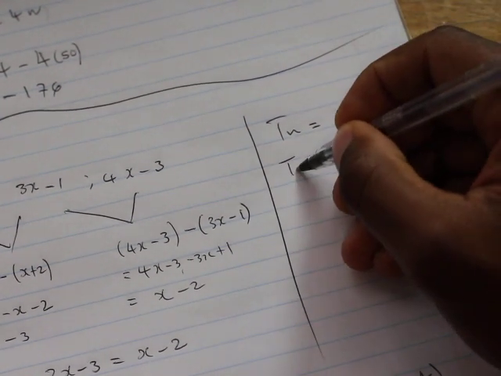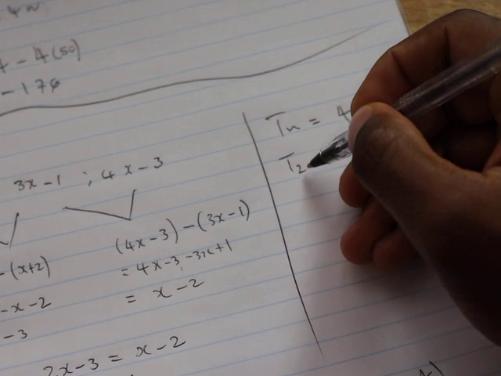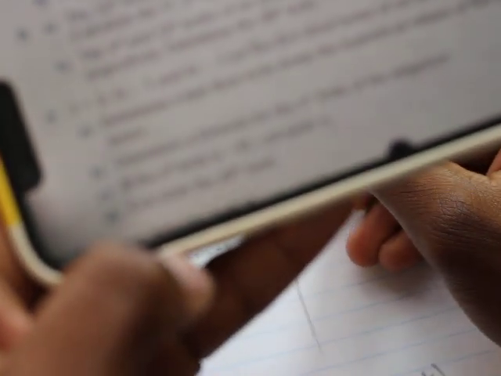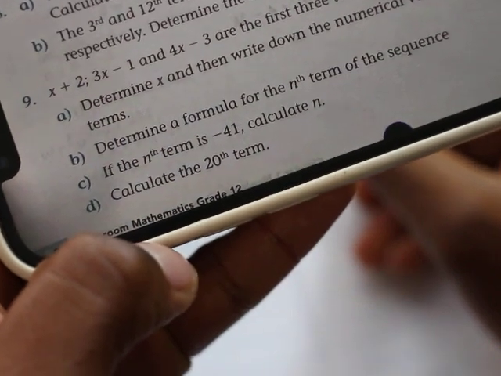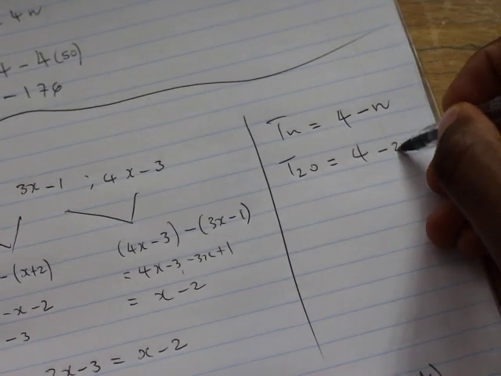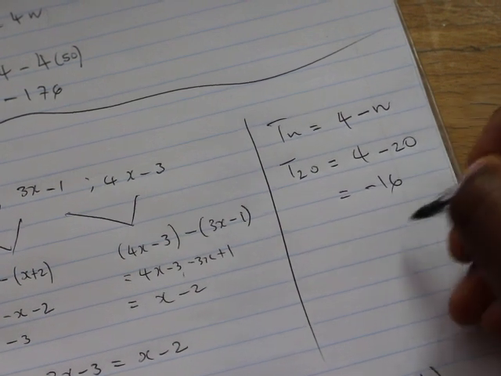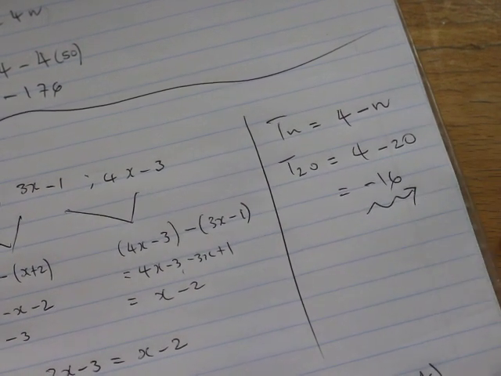So if n is 20, so T20, remember we're looking for T20. So if n is equal to 20, meaning that in place of n we substitute 20. So T20 is equal to 4 minus 20. So that's what? Negative 16. So that's the answer then.